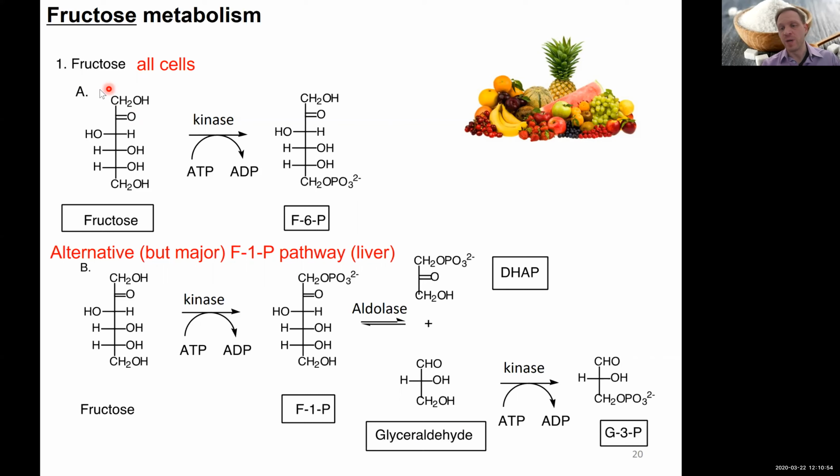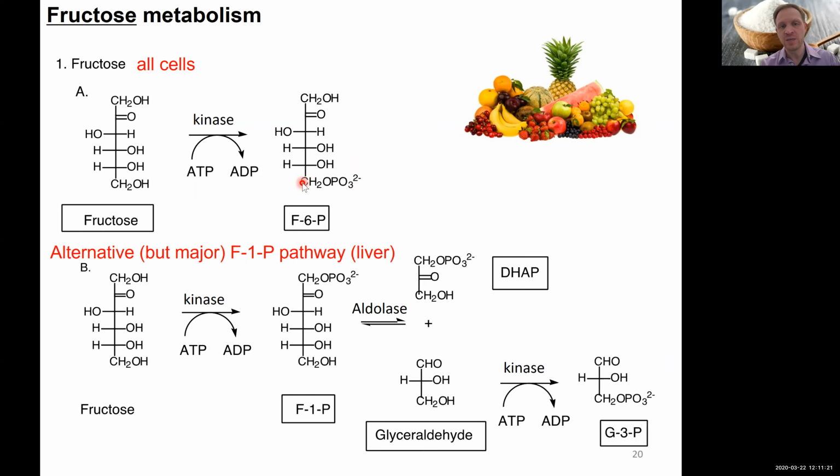And the way we actually get it into our glycolytic pathway is using a kinase reaction. So here you have simply your hexose, your sugar, the kinase reaction, exactly the same way we argued for its importance for the phosphorylation of glucose. We use a kinase here, we use ATP as a phosphoryl group donor. We phosphorylate fructose at carbon 6.